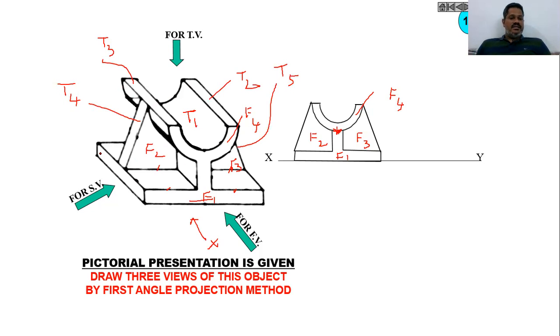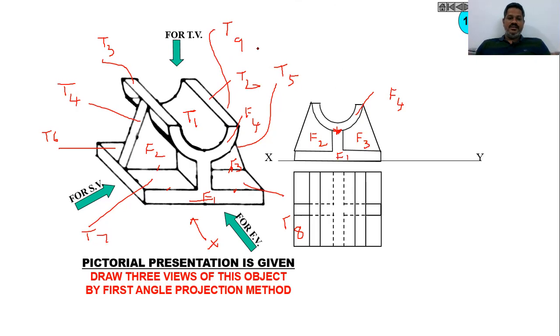You can also find this face, T6 and T7, and this is your T8, and similarly you can find one more face at the back side of that, that is T9. So totally you will find 9 faces in top view, and it looks like this.